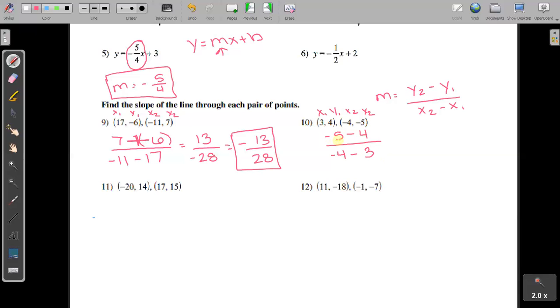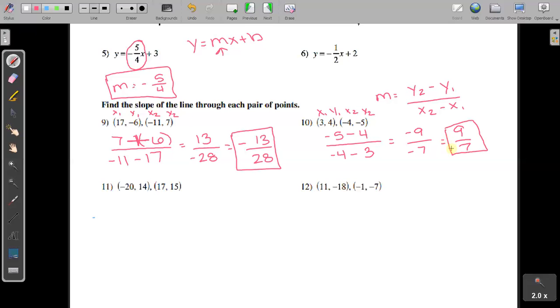And do negative 5 minus 4. Negative 5 minus 4 gives us negative 9. We're going to do negative 4 minus 3, which gives us negative 7. Now, a negative divided by a negative makes a positive, so we have a slope of 9/7.